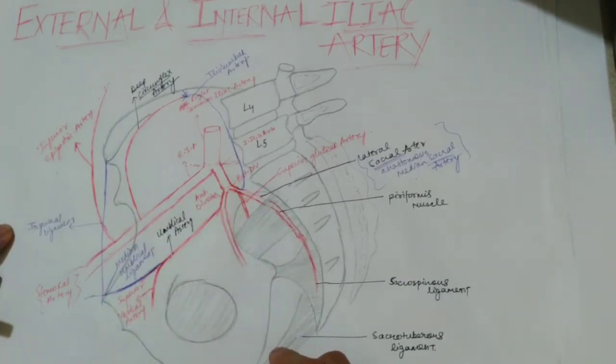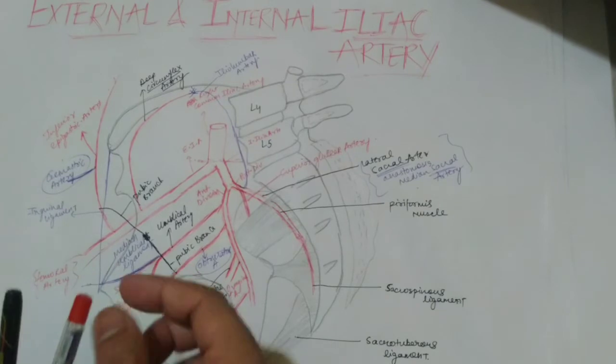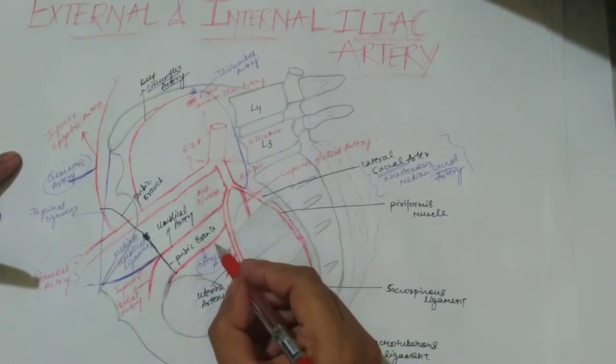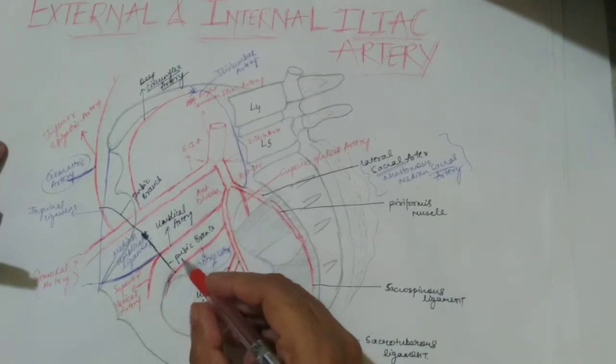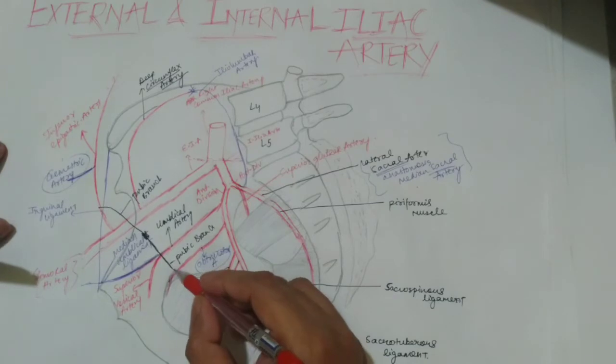Now the next artery is our obturator artery. The obturator artery arises just below your umbilical artery, and it passes through your obturator foramen. Before passing inside the obturator foramen, it gives a branch called the pubic branch.